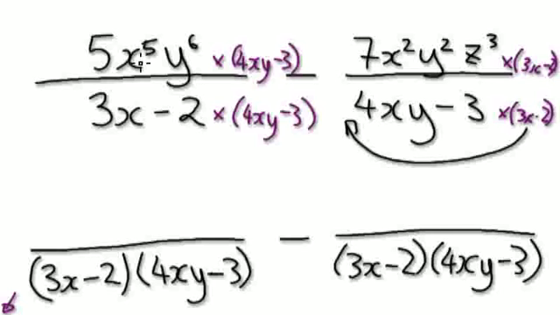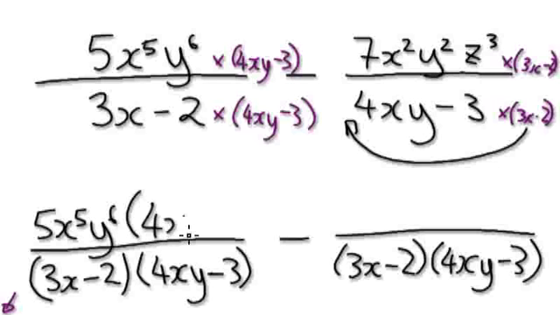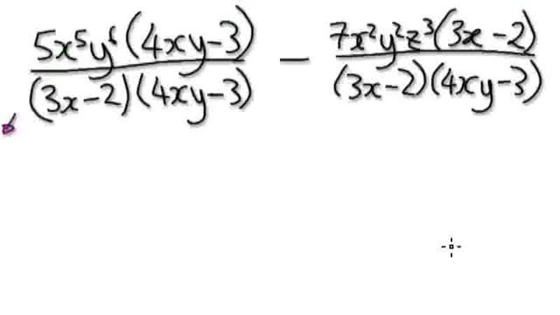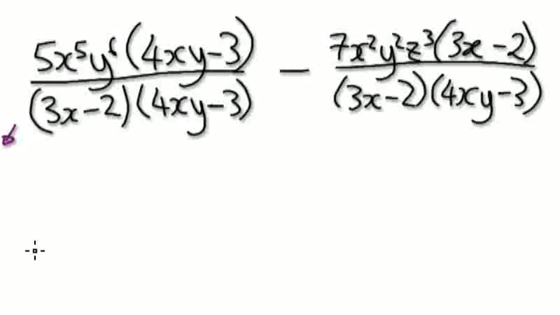Okay, and at the top here, visualize as this: 5x to the power 5, y to the power 6, bracket 4xy minus 3. And then on this side it will be 7x squared y squared z to the power 3 times 3x minus 2. Okay, yeah. So now the two denominators are the same.